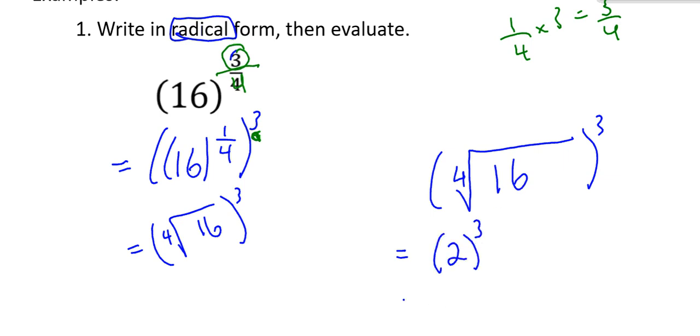It's 2, and then 2 cubed is 8. And if you're not sure what's happening, the reason why it's 2 is because a fourth root is asking you what number multiplied by itself 4 times gives you 16. Well, 2 times 2 is 4, times 2 is 8, times 2 is 16. That's why the fourth root of 16 is 2, and then 2 cubed is 8.